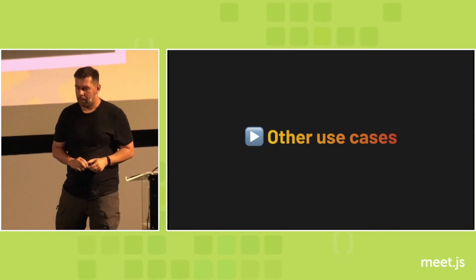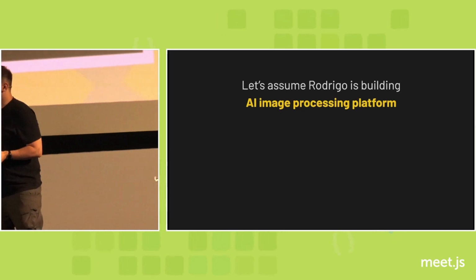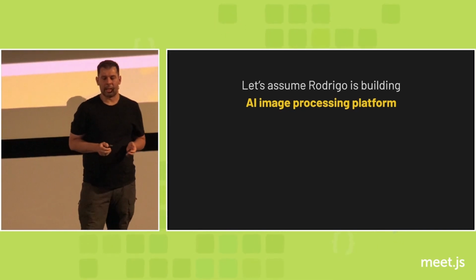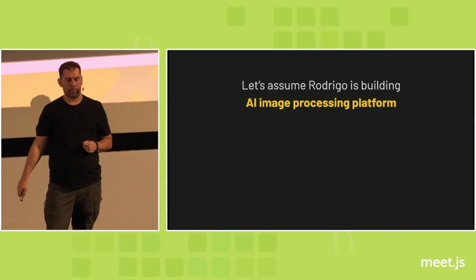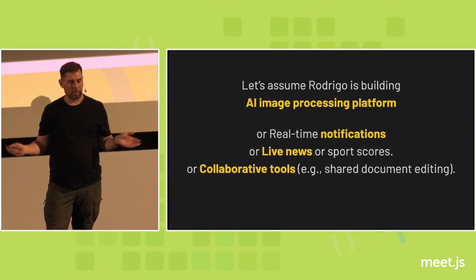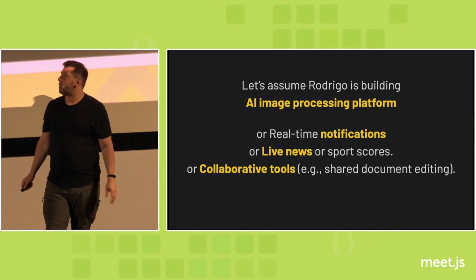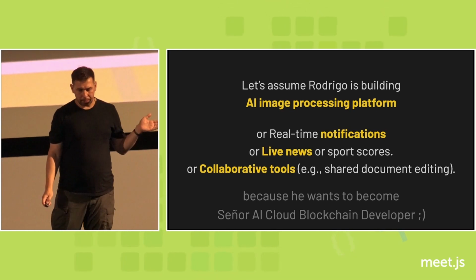One other use case, let's assume that Rodrigo is building a new project, a new platform, like an AI image processing platform, real-time notifications, live news, collaborative tools, etc. One of these examples.